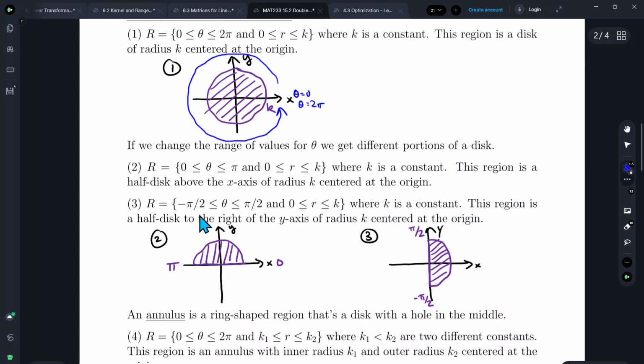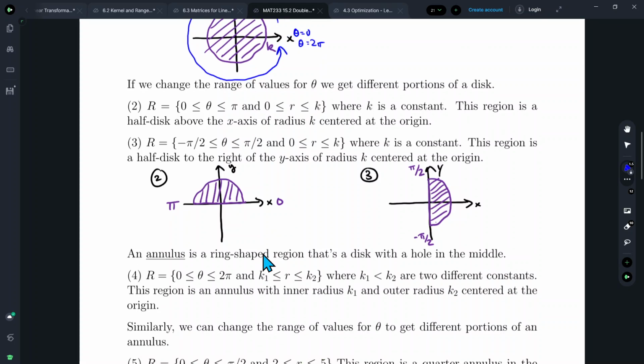In the third example, theta ranges from minus pi over 2 to pi over 2. Minus pi over 2 is the negative y-axis, positive pi over 2 is the positive y-axis, so this produces the right half of the disk. Again, if you need only a portion of the disk, you just change the range of values for theta as necessary.